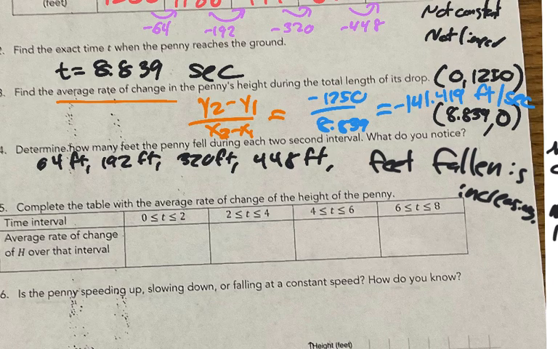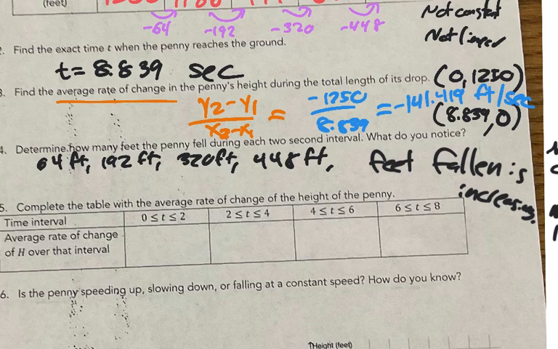Now, can you find the average rate of change of the height of the penny on each interval? Can you do this in the calculator, like all of them at once? No. Not that I know of. But it's not that hard. What's the average rate of change? It's the slope. It's the change in y over change in x.